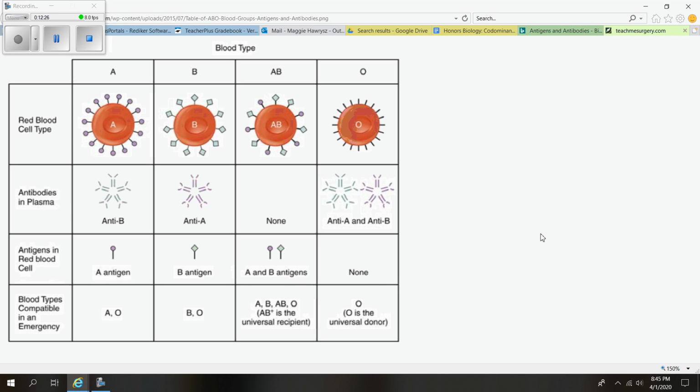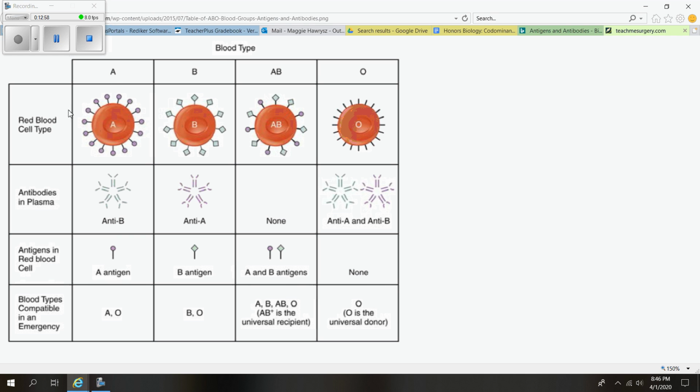On the red blood cells, which we have in the top row here, there are surface proteins, or surface antigens, that are present. Those antigens have a specific shape, and they kind of look like the viruses that we've been seeing on the news with COVID. But these are surface markers on the red blood cell.